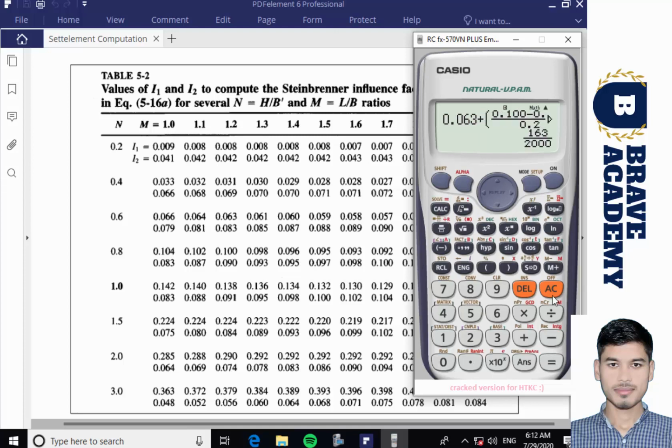So this will give you the value 0.0815, that is the value of I1.